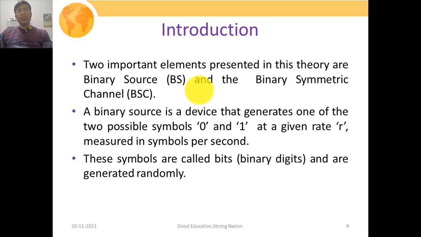So the two important elements presented in this theory are the binary sources and the binary symmetric channels. Since in this course we have to deal with digital communication systems, we are focused on digital sources, more specifically binary sources, which generate digits, that is 0 and 1. That is why our whole focus will be on binary sources and the binary symmetric channel.